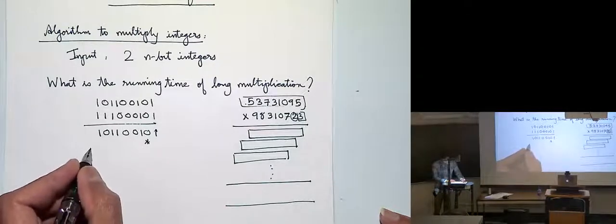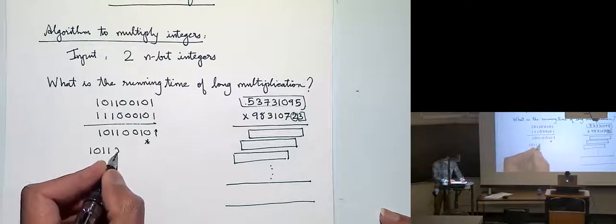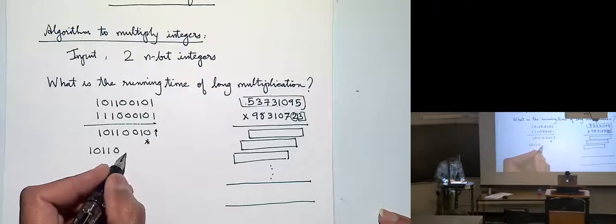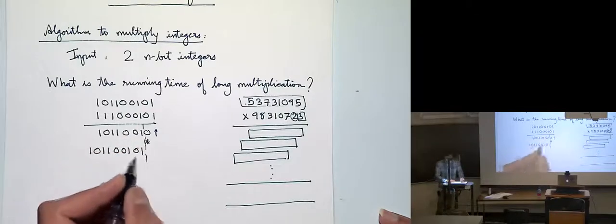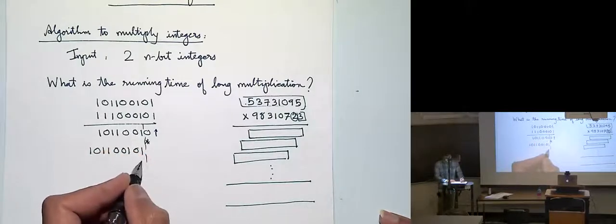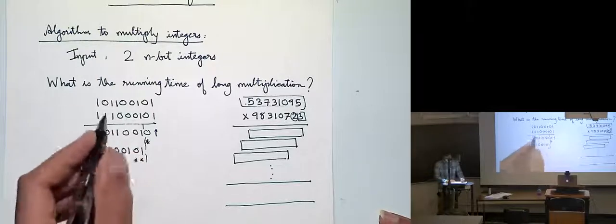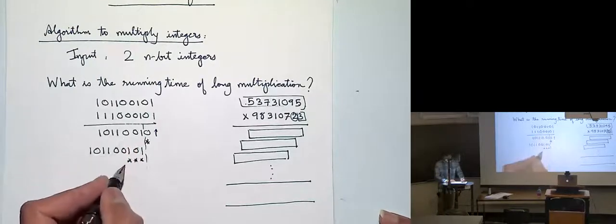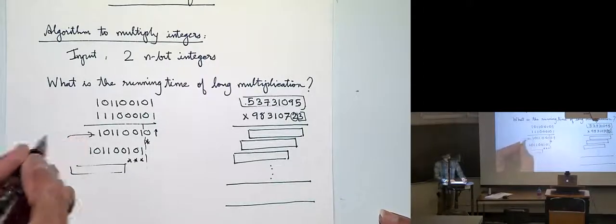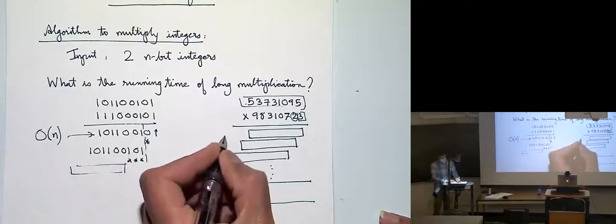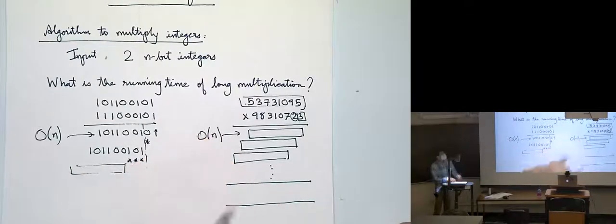So you go 1, 0, 1, 1, 0, aligning this up correctly. Right, and then there's another 0 up there, so I'll put a star there, and the next one I'll write down over here, so on and so forth. So each of these takes O of n. Whether you're doing it in binary or in any base, it doesn't matter, because the number of operations is still a constant. Right, if you just think about how many operations you need.